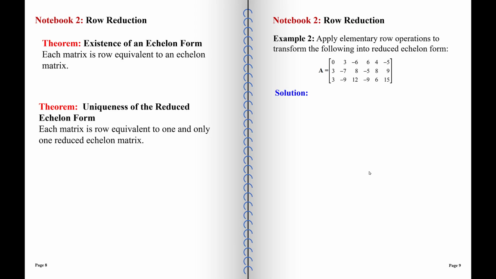Why? Because the echelon form is not unique. However, if I were to say to the class, let's put the matrix in reduced echelon form, which means find a matrix that is row equivalent that is in reduced echelon form, then we would all get the same answer. All 20 students, if they did the problem correctly, would obtain the same answer. Why? The reduced echelon form is unique. And that's what these 2 theorems are saying.